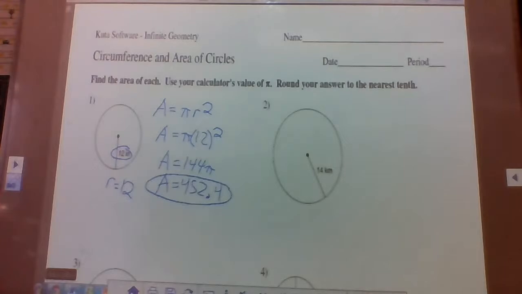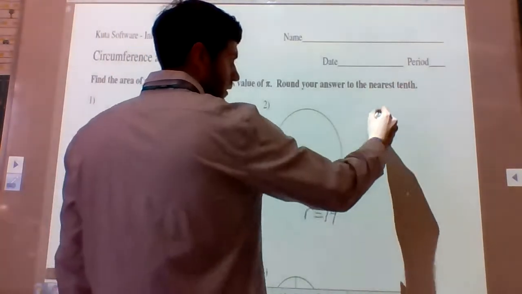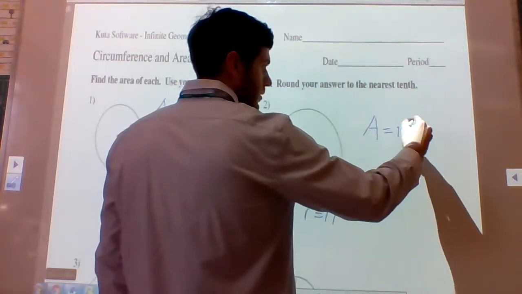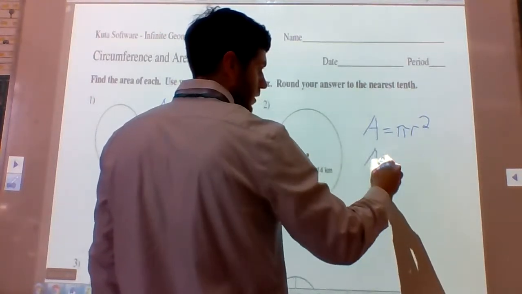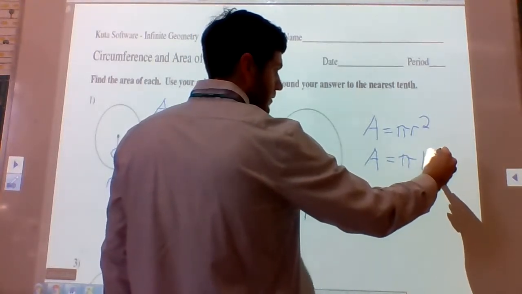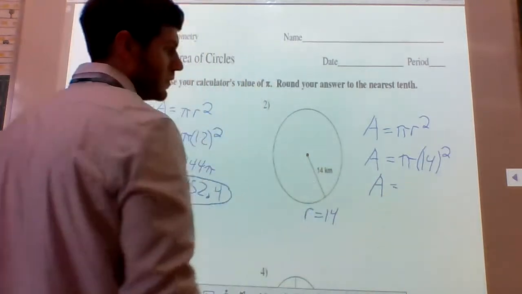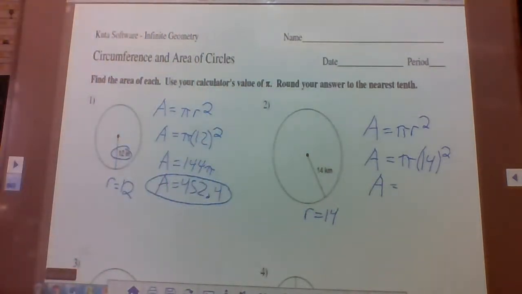Okay, number 2. Radius is 14. Area of a circle is pi r squared. So we're going to just substitute in the 14 for our radius. So that's 14 squared. 14 times 14 is 196.